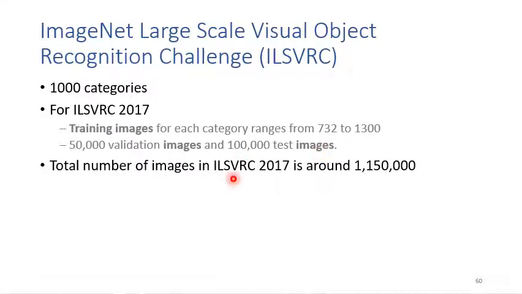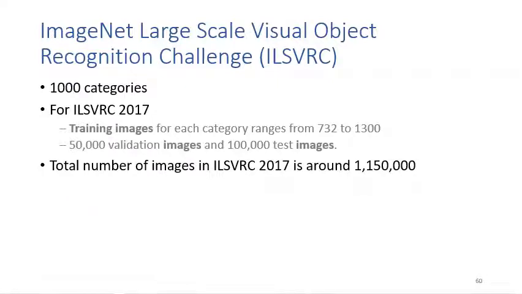The total number of images is around 1,150,000. So this is a large competition. ILSVRC has stimulated the advance of technology, especially for deep learning, because deep learning requires a lot of training data.